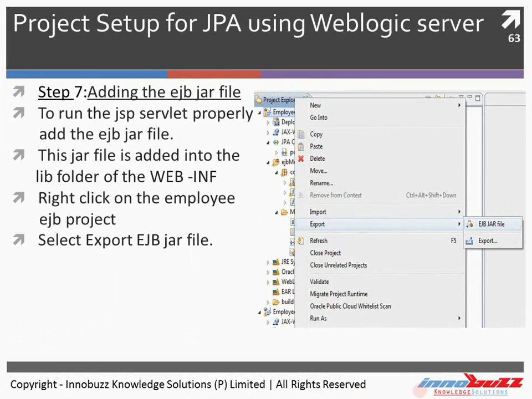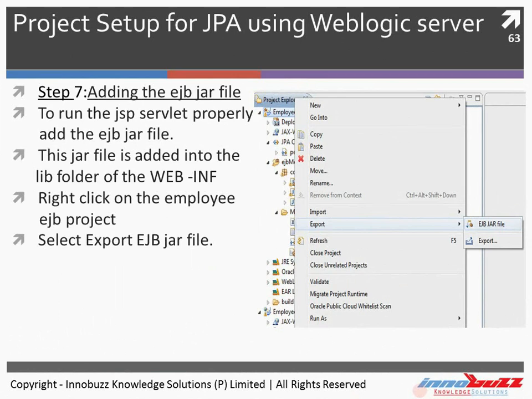Once it is added, the next step is adding the EJB jar file by exporting it. Select the EJB project, right click and select export to export the EJB jar file.